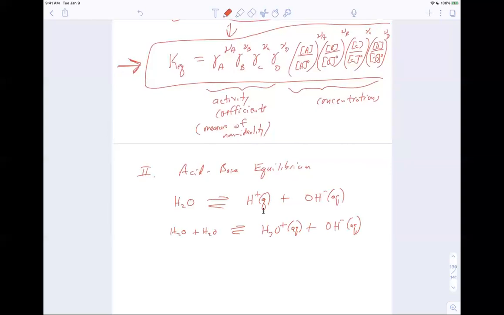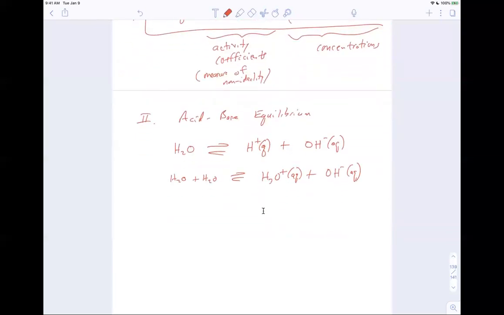Okay, is that correct? Yeah. So you always get OH minus, either H plus or H3O plus. Okay. And so again, we have equilibrium, right? This tells us we have equilibrium, and this is something you already know from all of your previous courses.